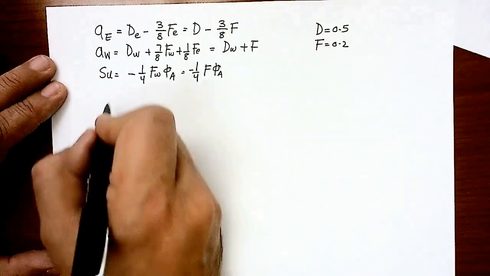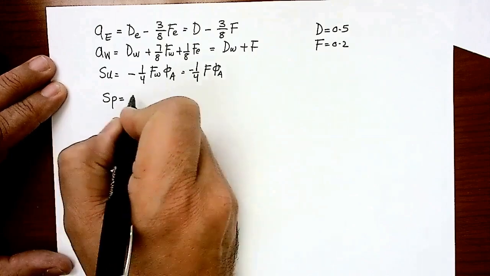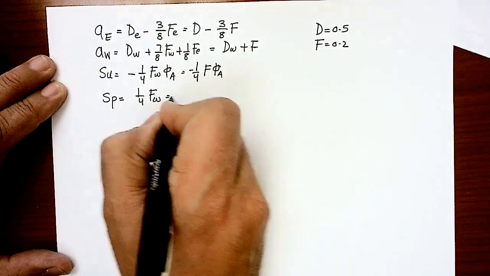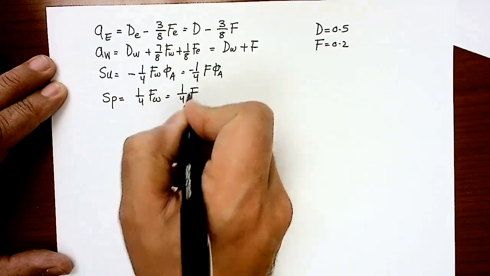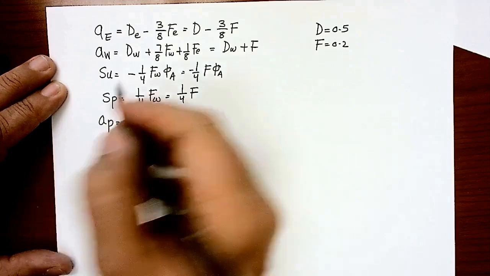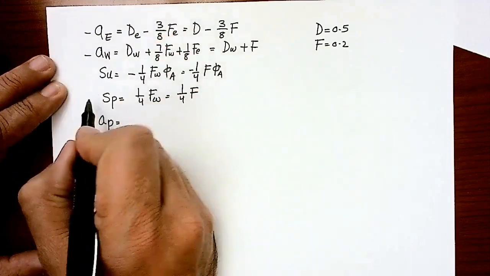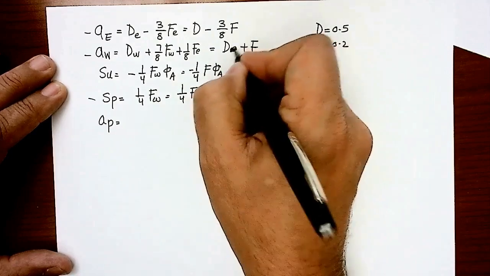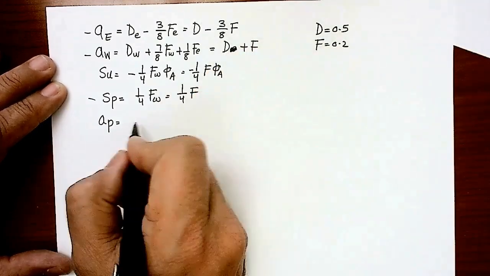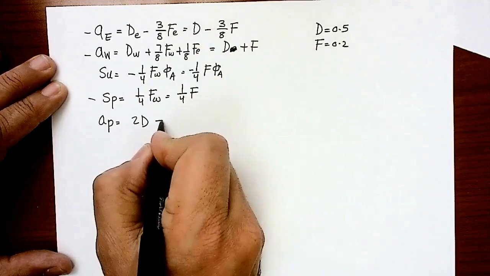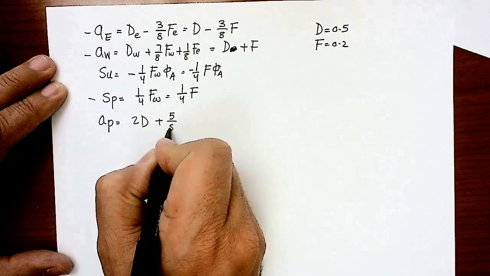Then I will get sp equal to 1 over 4 times f west, which is going to be 1 over 4 f. Then I will get ap, which is simply adding up this term and this term and this term. You add up these two, this is going to be just d, so this would be 2d. 1 minus 3 over 8 f is going to be plus 5 over 8 f.